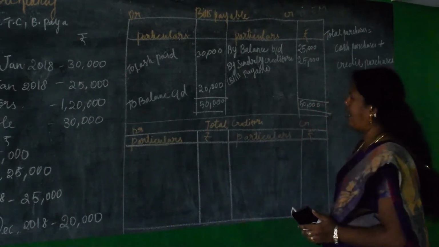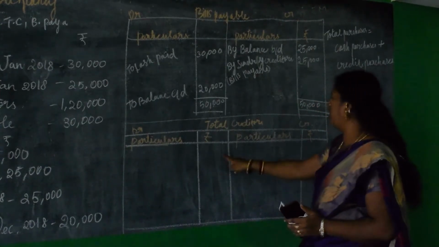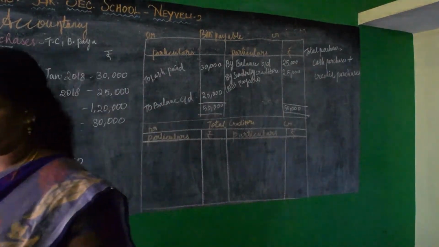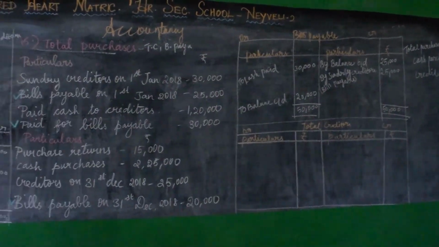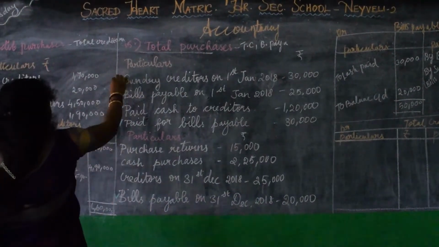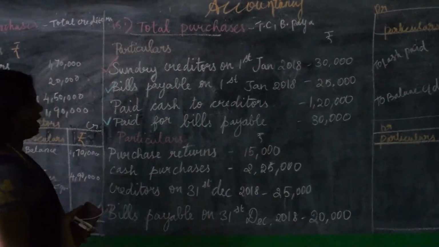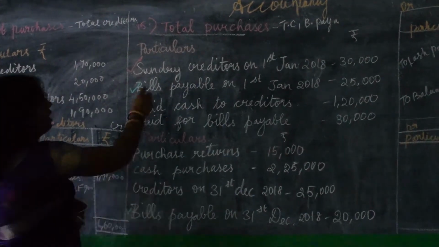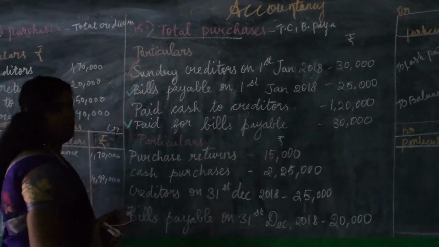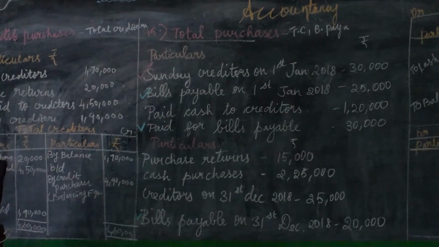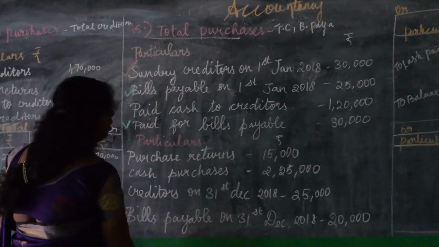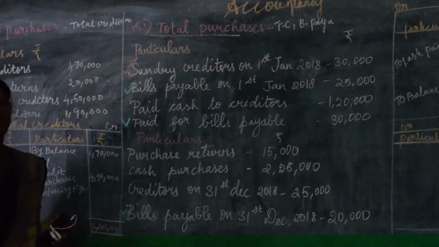Next, we will move on to finding the total creditors. Now select a color. We can select a rose color. Sundry creditors. Write the transactions connected with the sundry creditors. Sundry creditors on 1st January. Listen, we have chosen a color in order to make differences, because when it is a mixed procedure you may have confusion.